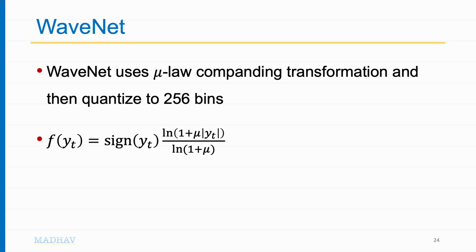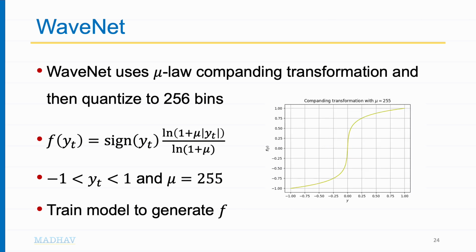They found, in a very old paper, probably from the 1970s, that if you use this kind of transformation, it roughly matches the CDF of Y. When you plot this, it lies between -1 and +1, but when you scale it appropriately, it approximates the CDF. If you start it from 0 to 1, this is roughly the CDF of speech samples typically.